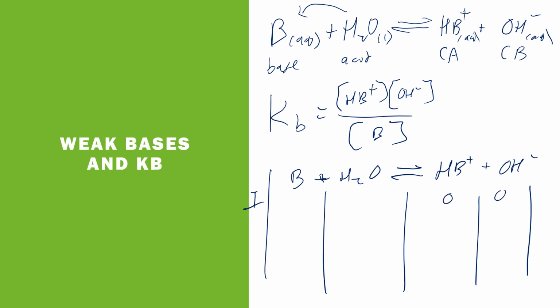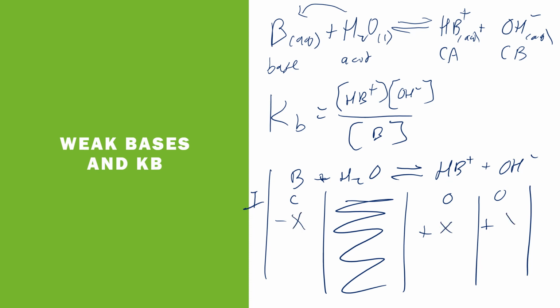It's the instant you add the weak base into the water. We didn't include the water because it's a liquid, so whatever the concentration of that weak base is, the products will have to increase because you're starting at 0, the reactants will decrease, and then you follow the stoichiometry of the reaction, so you'll get C minus X, X, X.